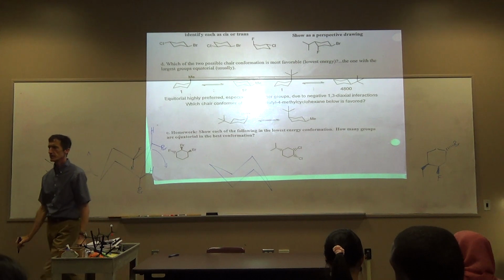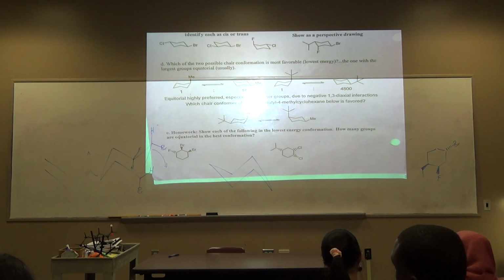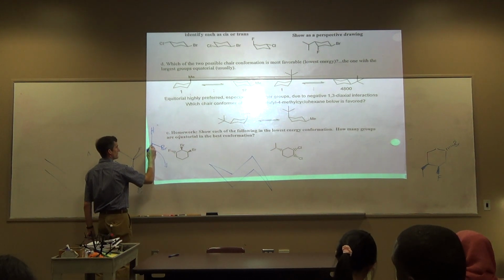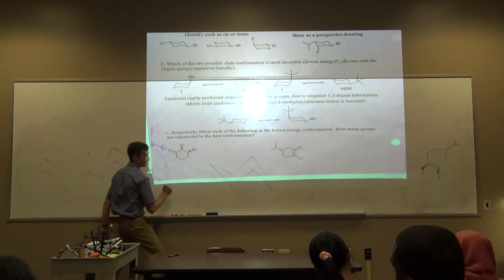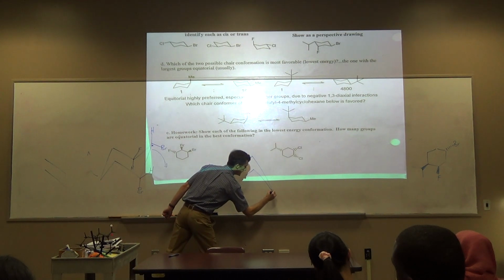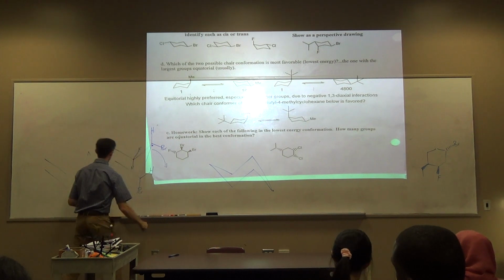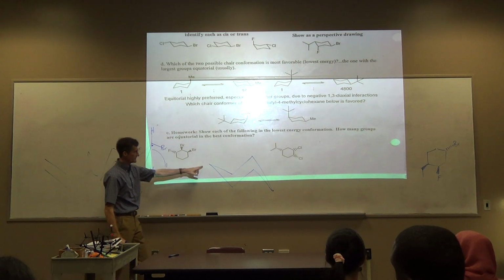I'm not as good at drawing this because I don't do it as often. This end, we start, this carbon is now here. That end got pulled down, and this end goes up, and that's there.